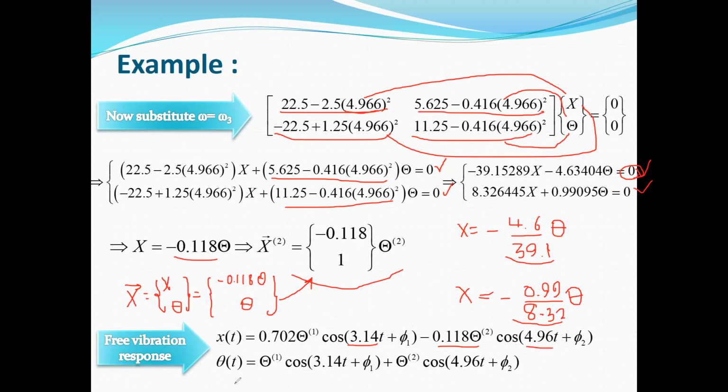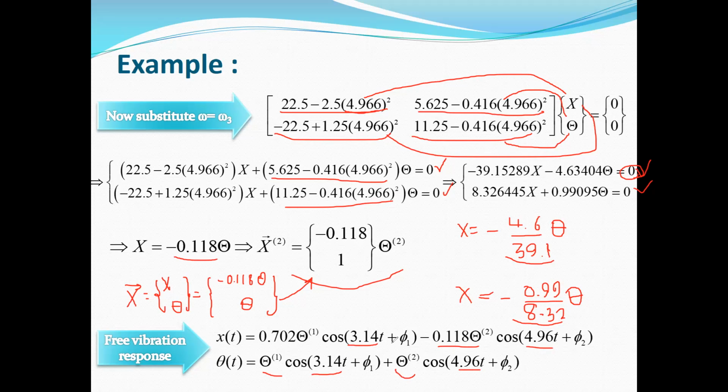And for the theta, again we have the first mode shape multiplied by the cosine with the first natural frequency, and the second mode shape multiplied by cosine with the second natural frequency.